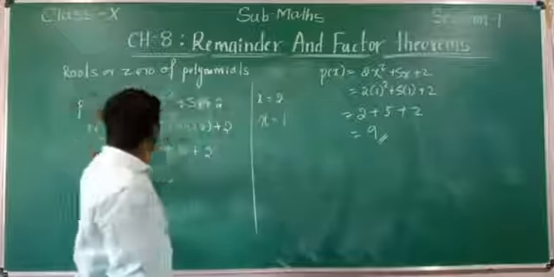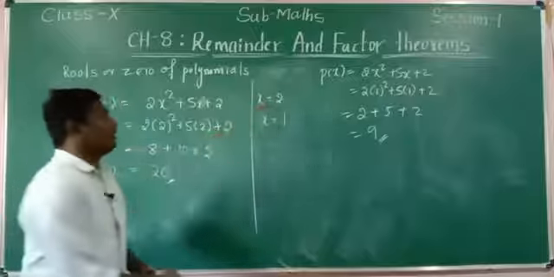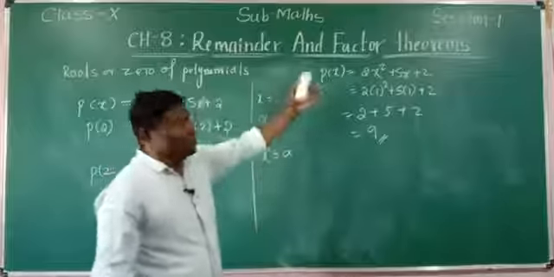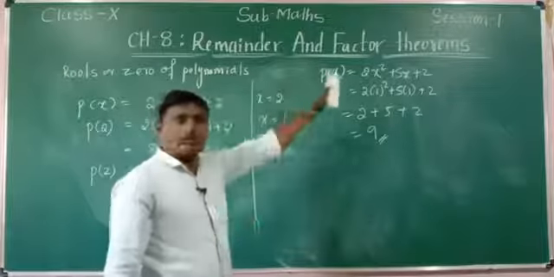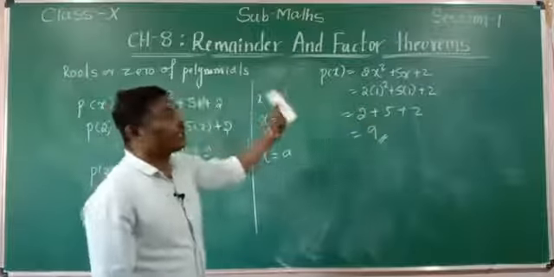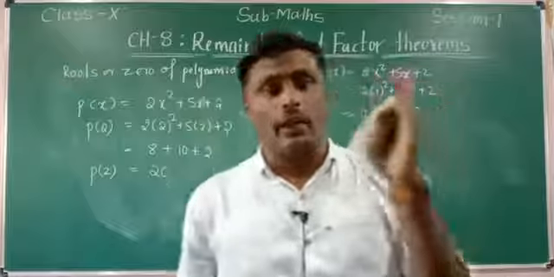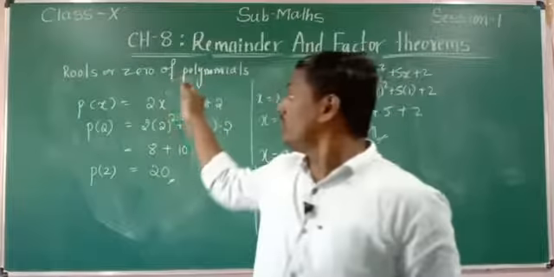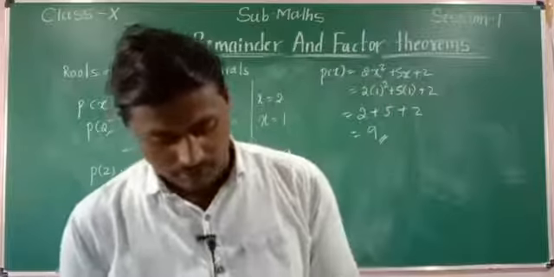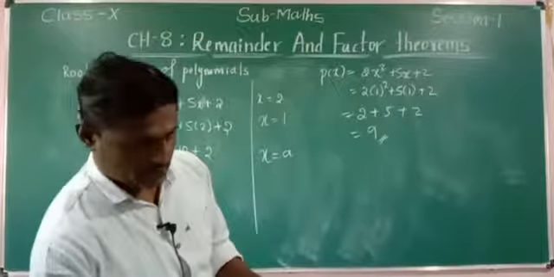So the entire value of the expression depends on the variable. If I take x as a, by substituting a in the given expression, I will get a different answer. So all the polynomial results, the final results, are based on the value of the variable. Okay, next, let us see some problems.